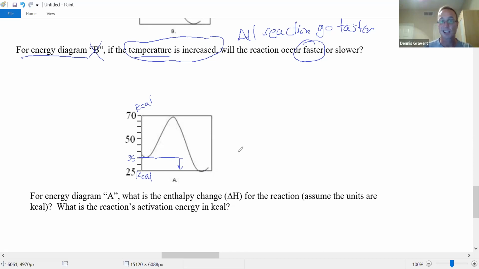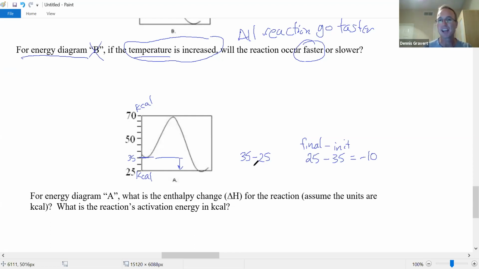So you start at 35 and you went down to 25, although you should be doing final minus initial. You should say 25 minus 35, because that's a negative 10.